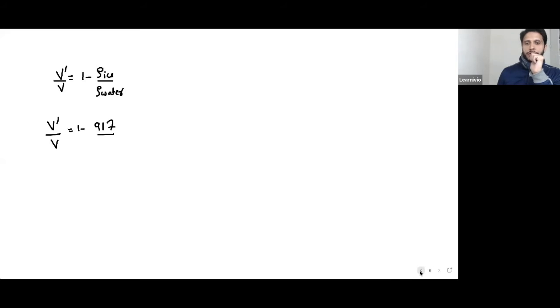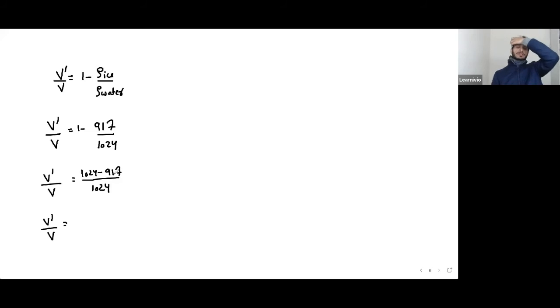The density of water is, I guess, 1024. So if you take the LCM, 1024 is the LCM. So V prime by V is (1024 minus 917) by 1024.